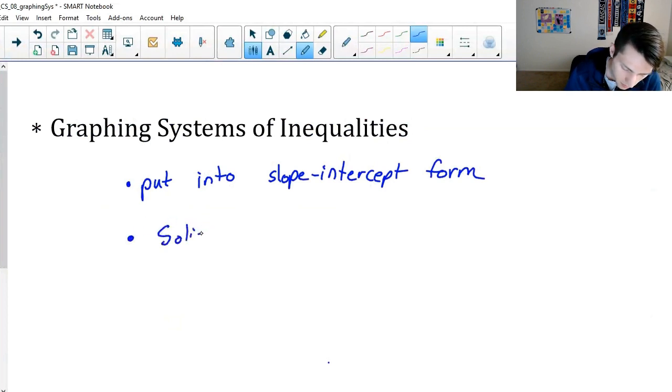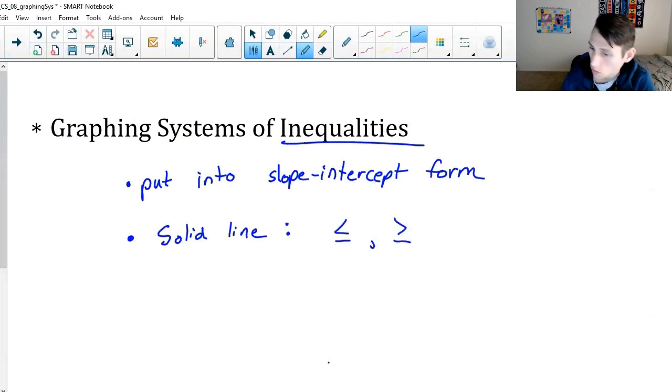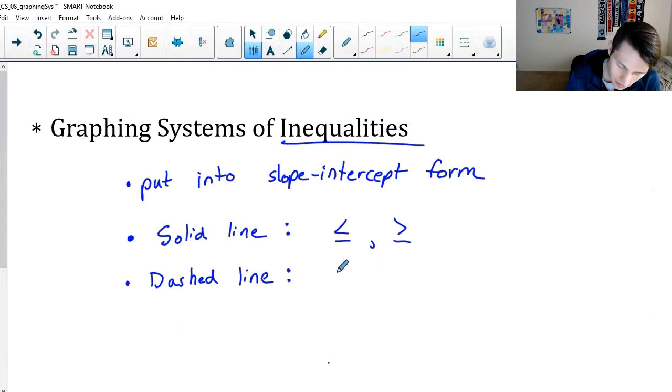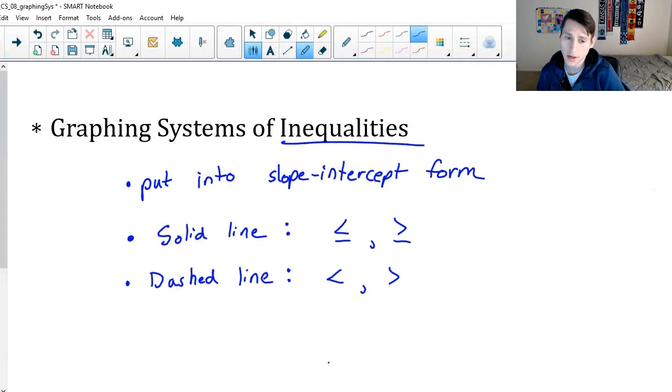So you might remember for inequalities, we'll draw a solid line if we are talking about one of these inequalities. However, we will draw a dashed line if we're talking about one of these inequalities. So strictly less than or strictly greater than, we draw the dashed line. But if it's the or equals to, then we'll draw just a solid line like we're used to drawing.